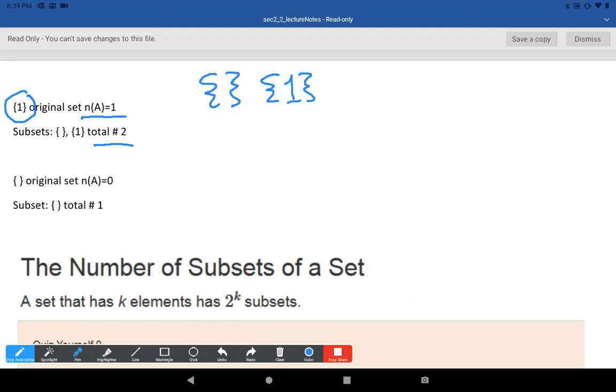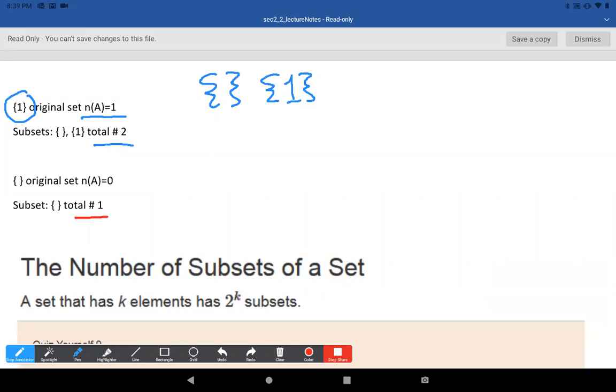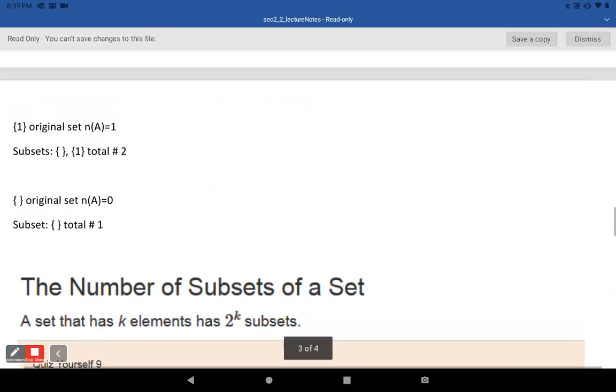So two subsets when your original set had 1 element, and 1 subset when your original set has 0 elements. So if you're just starting with a container, then the only subset you can make out of that is the container.